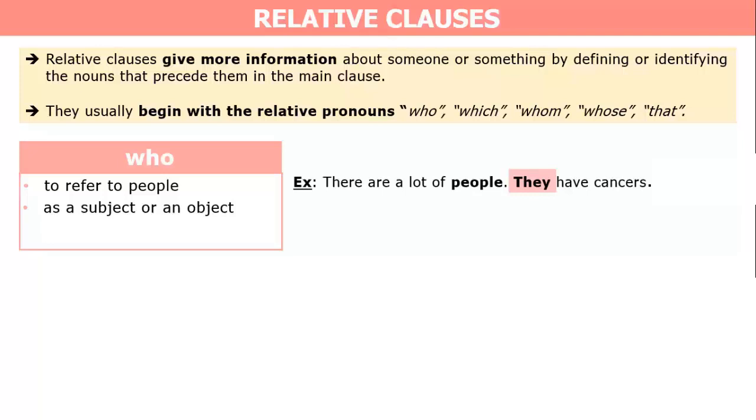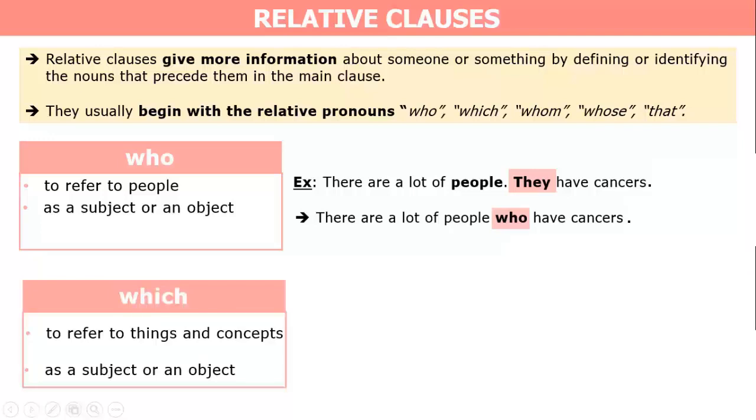It's easy to see that they has the subject function. Therefore, we have to use who to replace they and to refer to people. We will combine these two sentences into one as follows. There are a lot of people who have cancers.